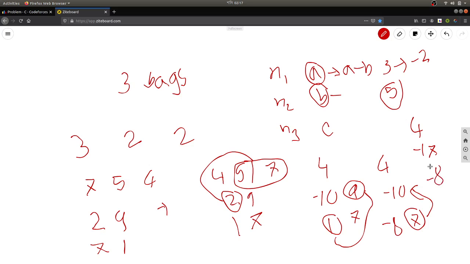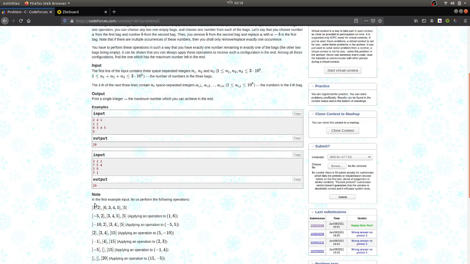Now -17 and 4, I delete -17, so it becomes 4 plus 17, so it becomes 21 and -8. I choose 21 and minus it, and it becomes 29. So at the end of the day we can see the answer is 29.